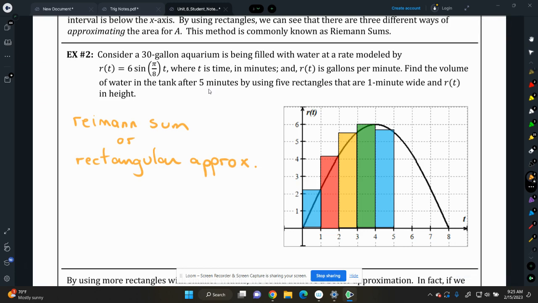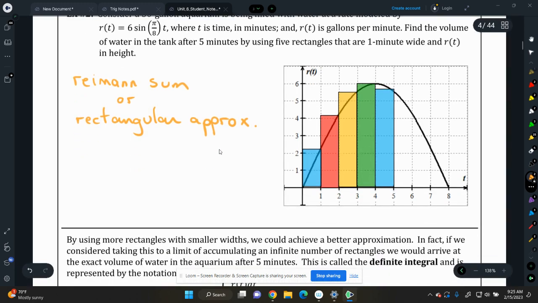The idea here is that if I have a curve, I can estimate the area under the curve by drawing rectangles. If you look at this example, we drew a whole bunch of rectangles. These are all inscribed rectangles. And you'll notice in this example, the right edge of the rectangle is touching the curve.